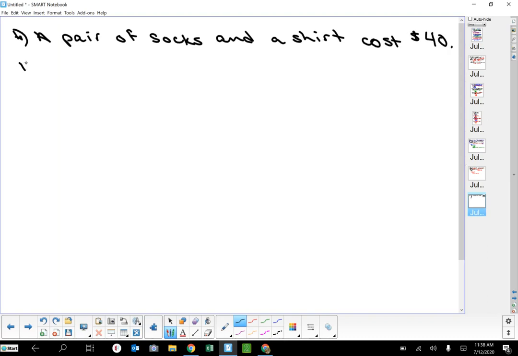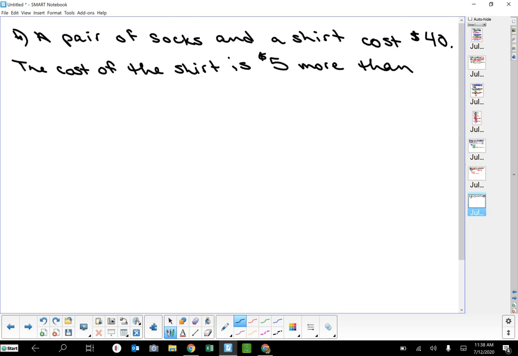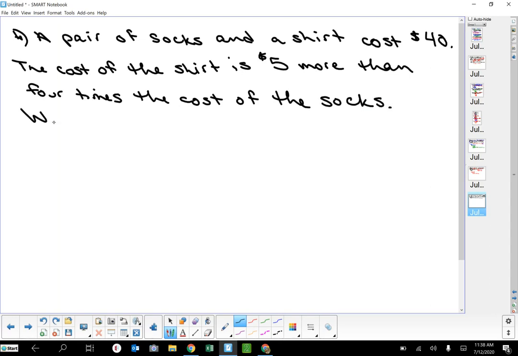The cost of the shirt is $5 more than 4 times the cost of the socks. What did the socks cost?